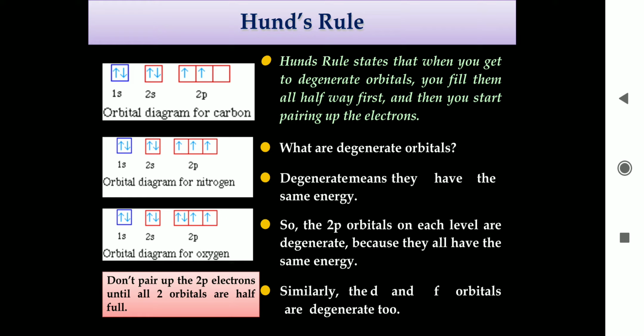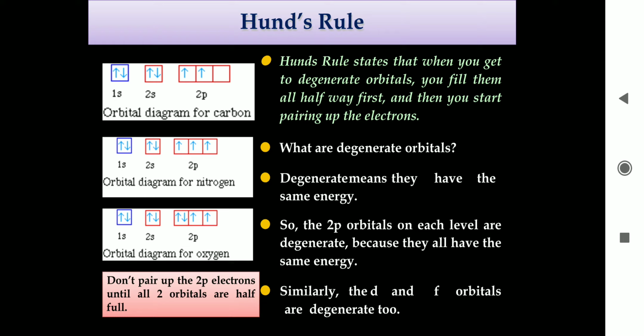Here see the electron configuration of carbon, that is the orbital diagram for carbon. In this, the 2s and 2p are shown in red color. Here all these 3 p orbitals are degenerate orbitals.